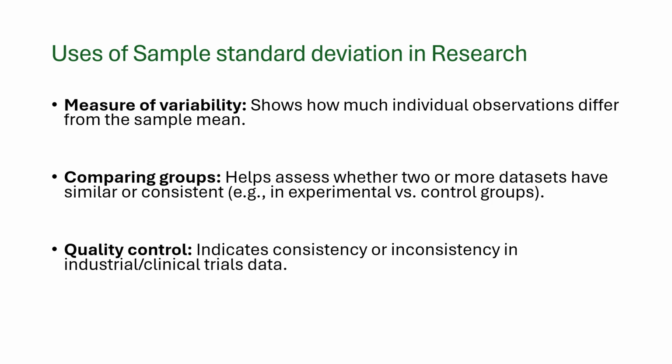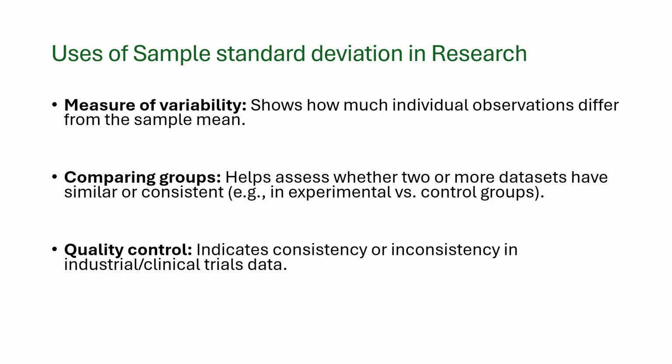Even against variance, people always talk about standard deviation. How much do individual observations differ from the sample mean? That's the best measure of variability, this sigma. Comparing groups helps assess whether two or more data sets are similar or consistent.